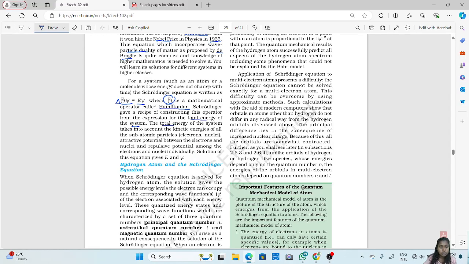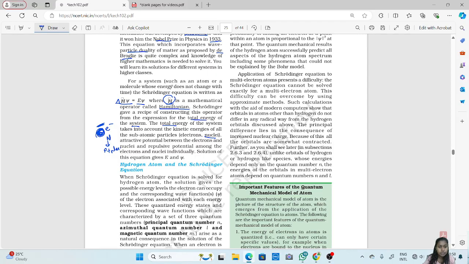The total energy consists of the kinetic energy. Kinetic energy means the energy created while moving, right? The kinetic energy of the electrons as well as the nuclei. Nuclei contain protons plus neutrons, right? So, in short, we call them nuclei.